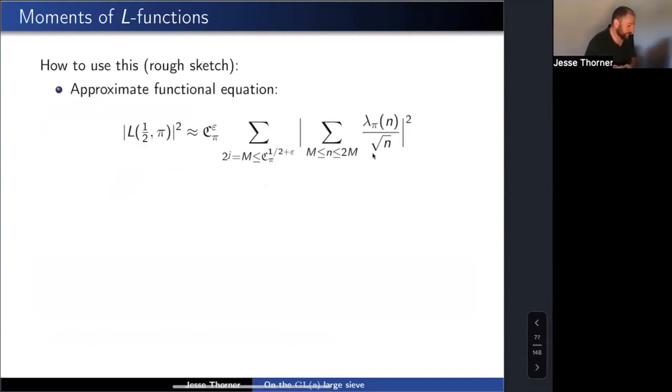Well, we have the approximate functional equation, so we can establish a bound on L½ pi absolute value squared in terms of a partial sum of my nth Hecke eigenvalue divided by square root of n.